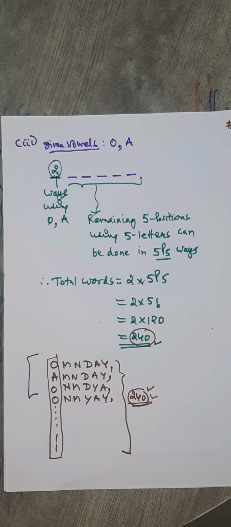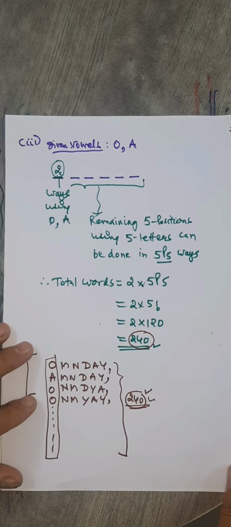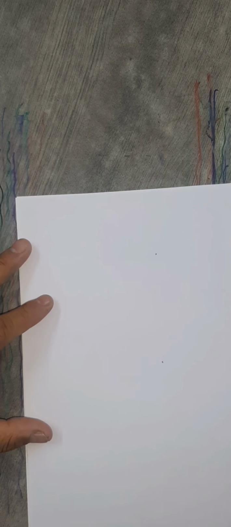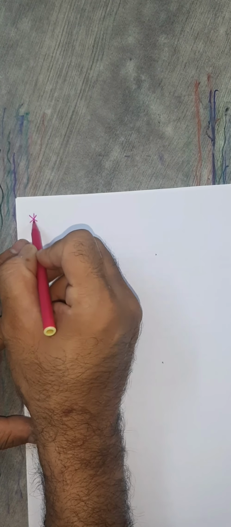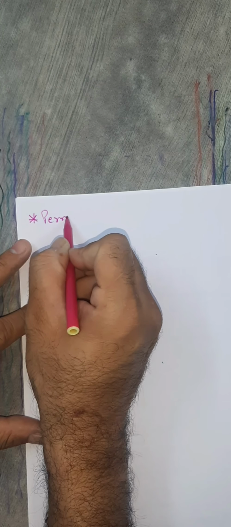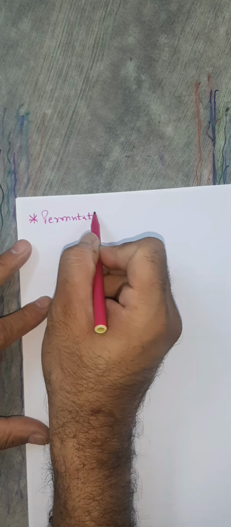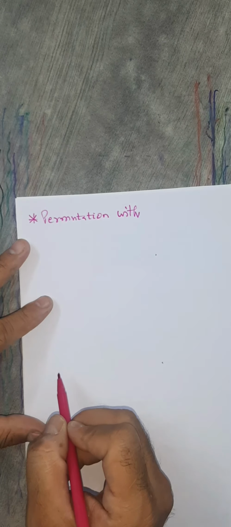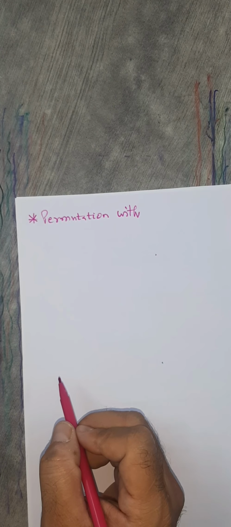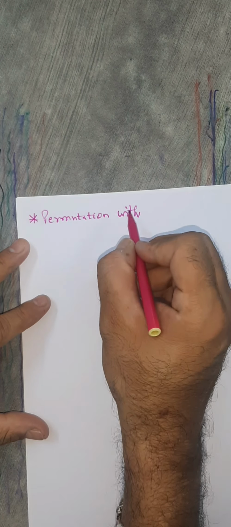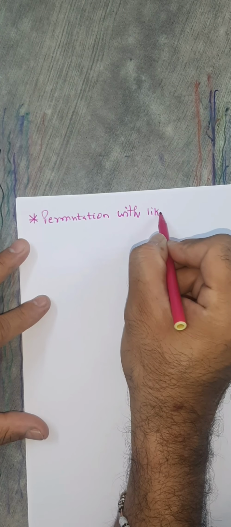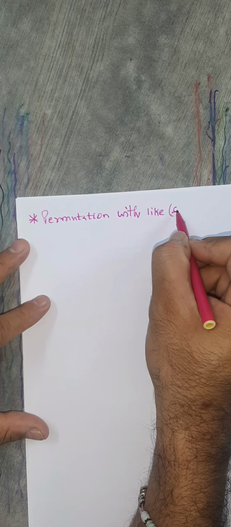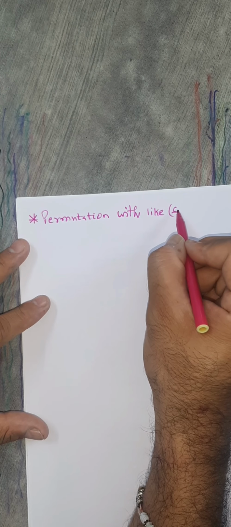So I'll just spend 2-3 minutes here. So permutation with repeated objects, you can call that as like objects or similar objects.